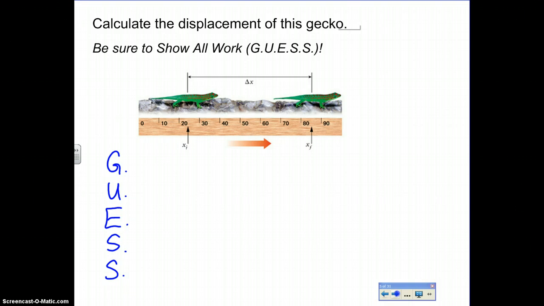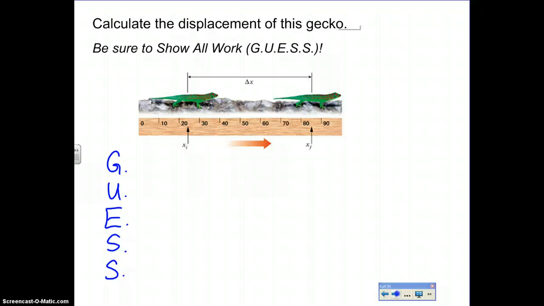And when we mean solution, what we mean is make sure you have the right number of sig figs, that you put it in scientific notation, that you box your answer, and that we can easily see what your answer is with the correct units and the correct positive or negative sign to indicate direction.